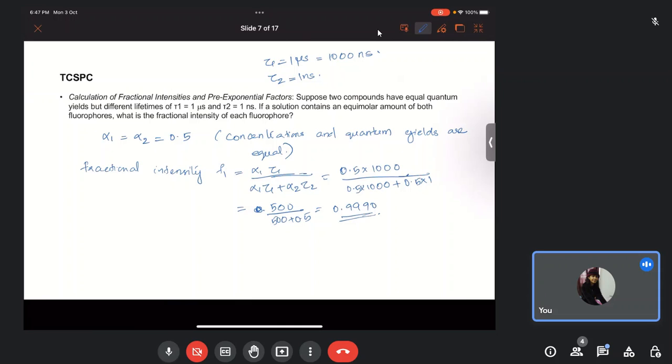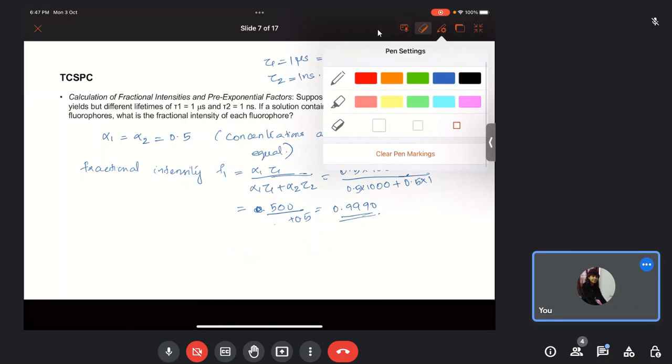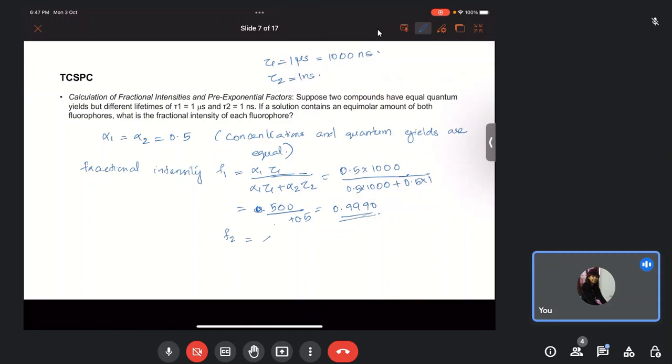Okay. And the fractional intensity for the second fluorophore, which has the fluorescence lifetime of 1 nanosecond: F2 is equal to alpha 2 tau 2 divided by alpha 1 tau 1 plus alpha 2 tau 2. This is equal to 0.5 into 1 divided by 0.5 into 1000 plus 0.5 into 1.